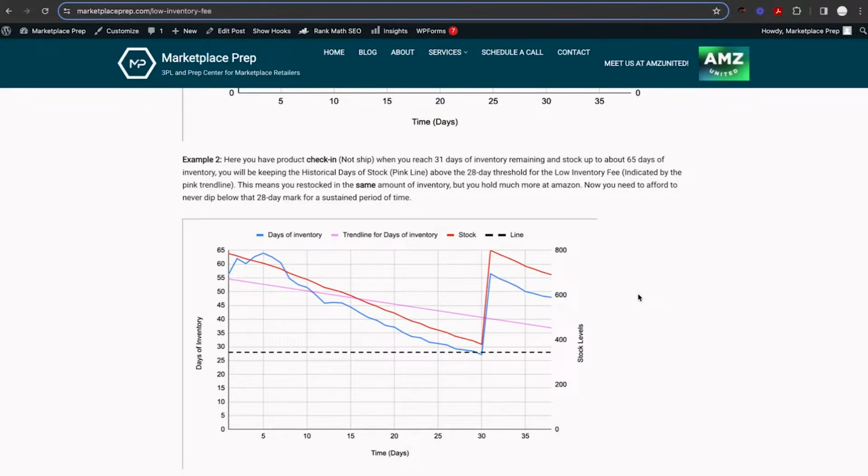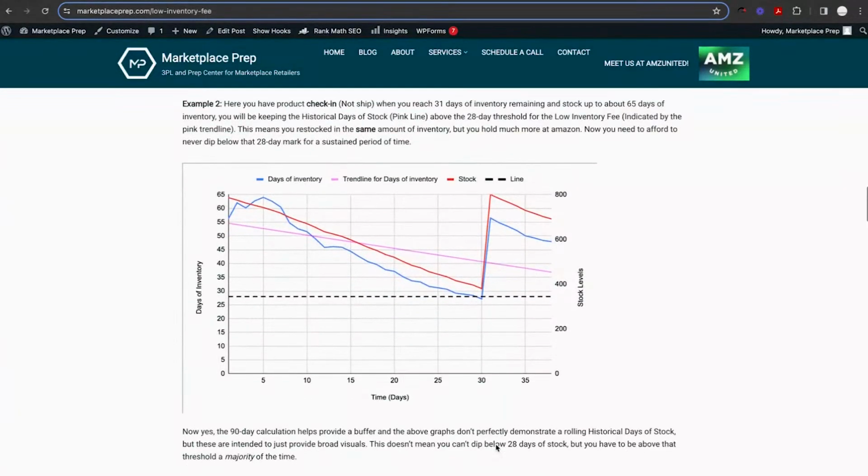So when we're talking about staying above 28 days, that is very easy when everything goes right. But I'm sure many of us know many scenarios in all of our businesses or the companies we work with where stuff just doesn't go right. So that's why you have to plan ahead and say, hey, well, if I don't get my data every 7 days, then how do I plan for this in real time?